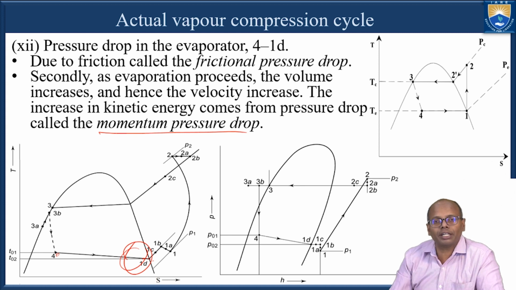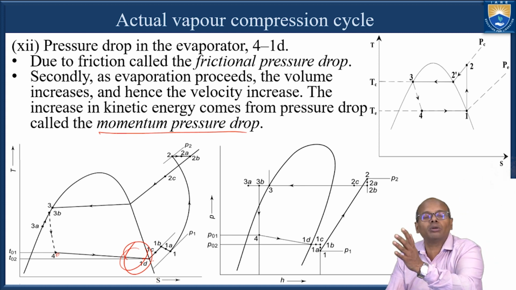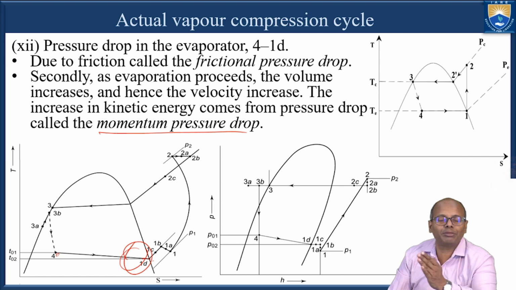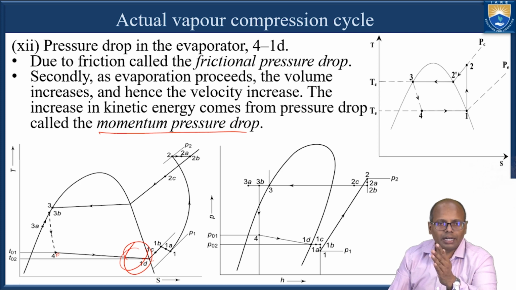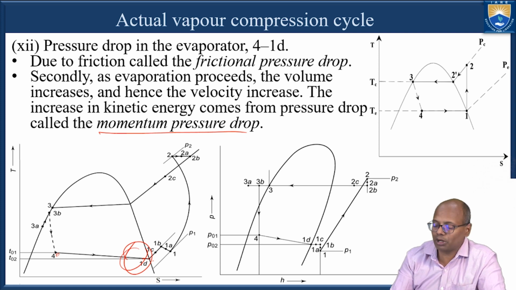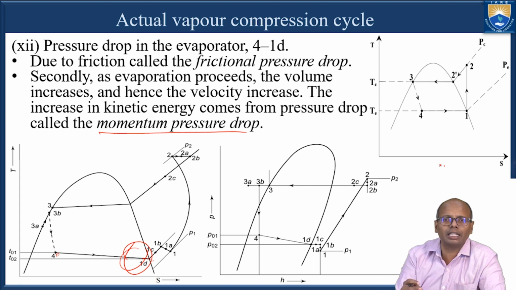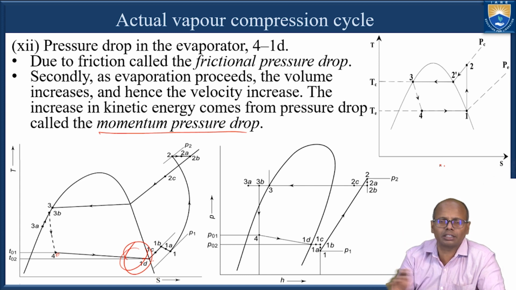So because of that, more volume is transferred in the same time, so the velocity is increasing. As velocity increases, there is a pressure reduction, because it must follow the law of conservation of energy. The pressure energy, the kinetic energy and the potential energy, the sum of all these energies must be constant between 2 points.